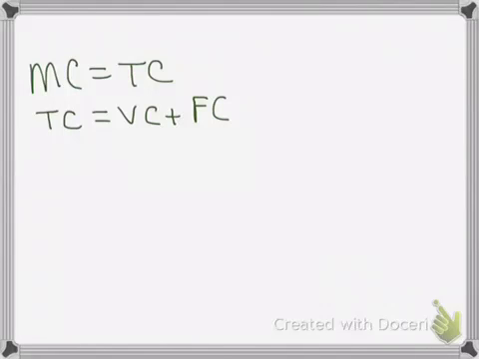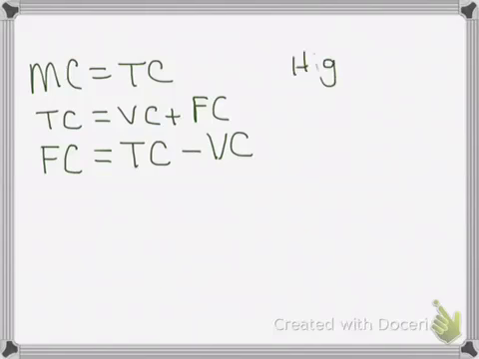So we're looking for fixed cost. And so we can do algebra, and when we do our algebra, what we find is that our fixed cost is equal to our total cost minus our variable cost. So what we can do is we can take either the high or the low, and we'll get the same answer.